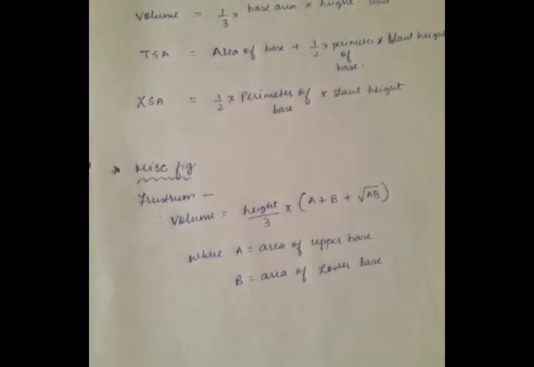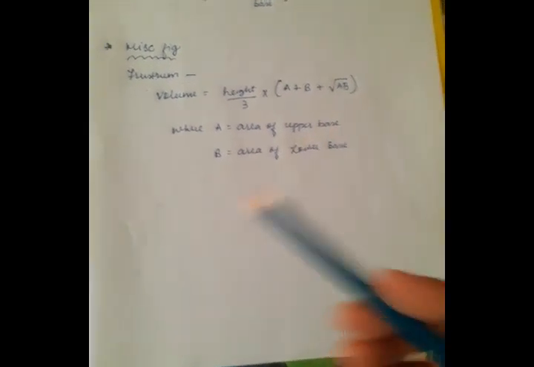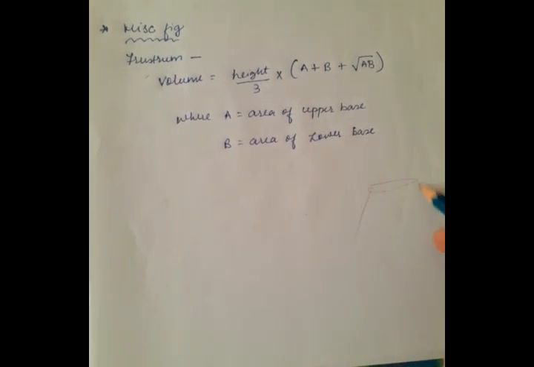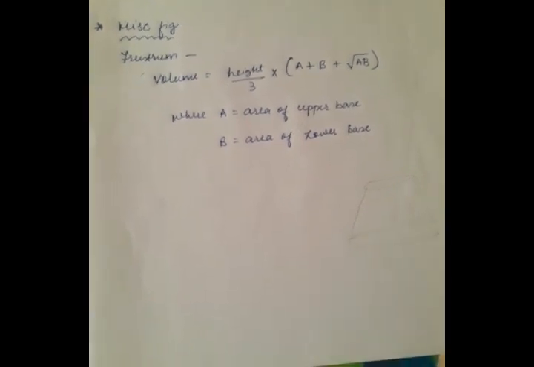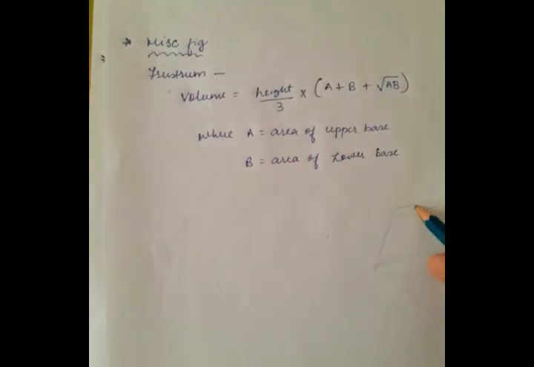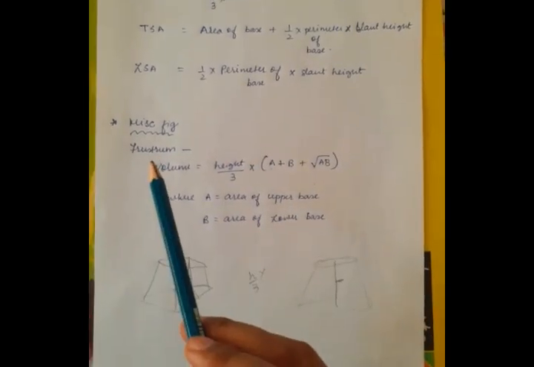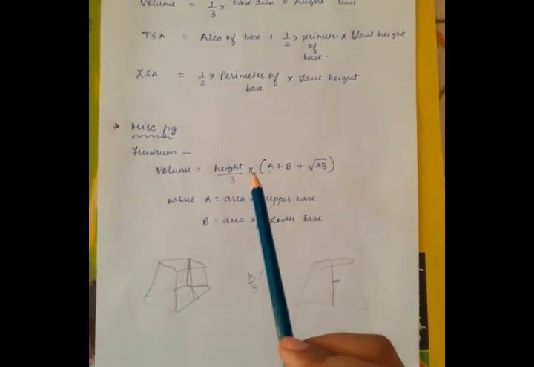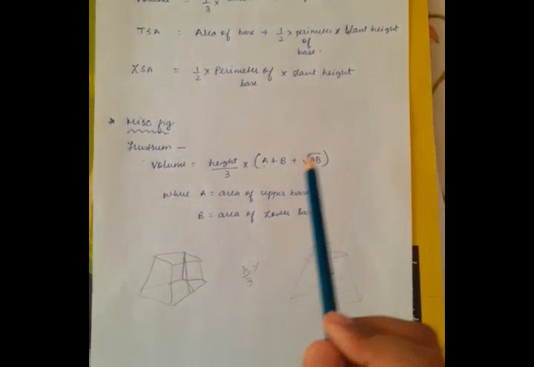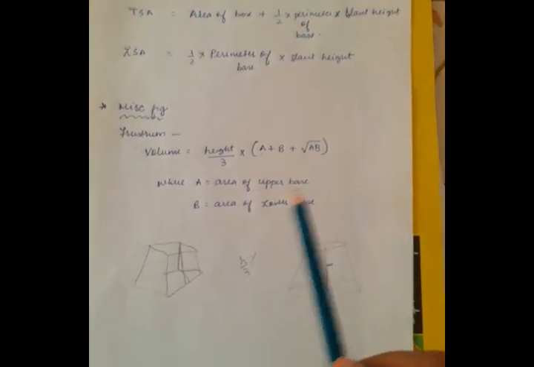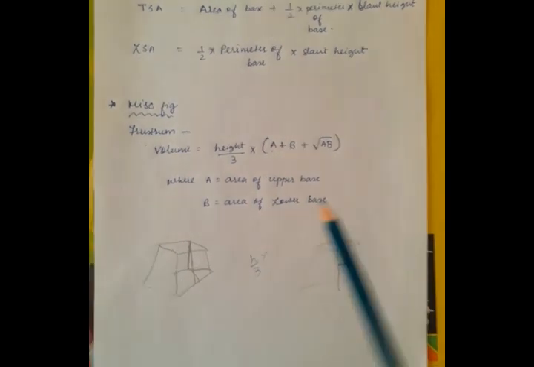And for the miscellaneous figure of frustums, what I discussed here, frustums like this. So the last one is frustum. The volume is height by 3 into a plus b plus root over ab, where a is the area of the upper base and b is the area of the lower base. Frustum may be of many types.